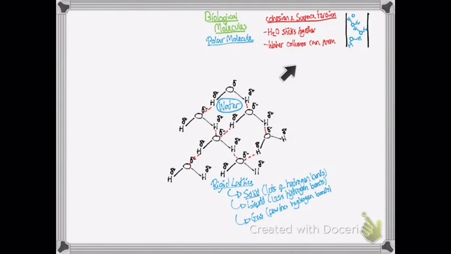So the first property of water is cohesion and surface tension. Water molecules stick together, and that is called cohesion. Even in tall columns of water, the forces holding the molecules together prevent the column from breaking. The example of this is in the xylem.